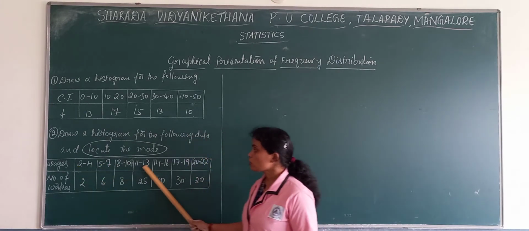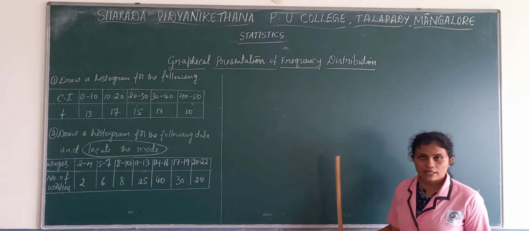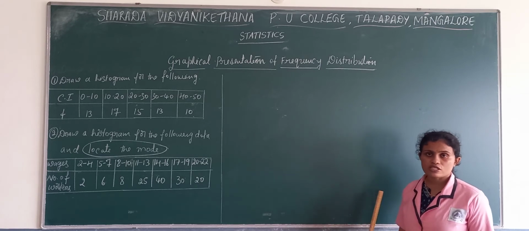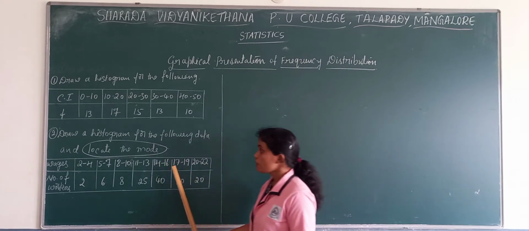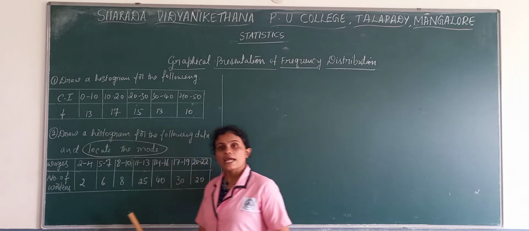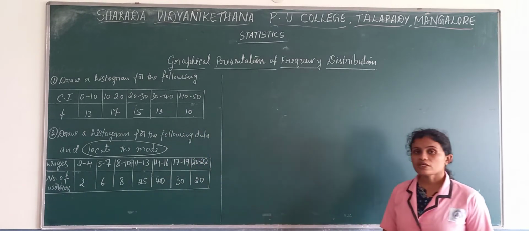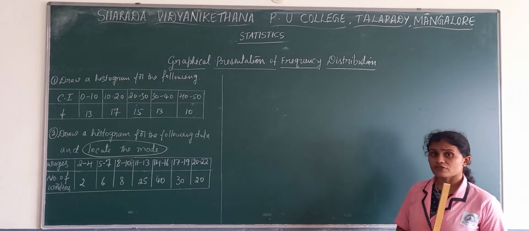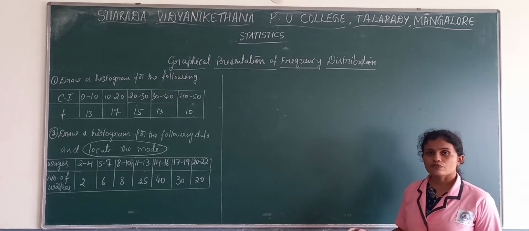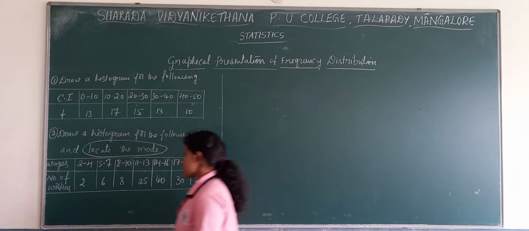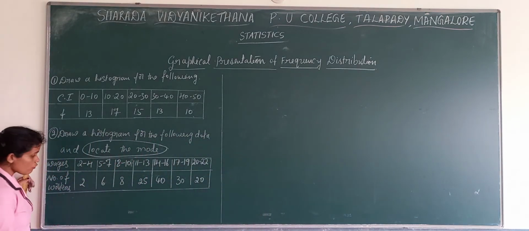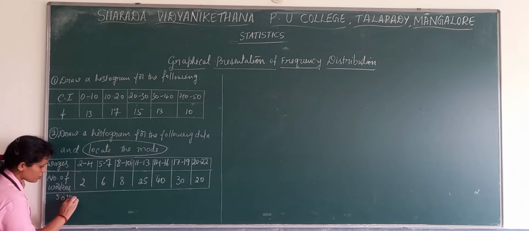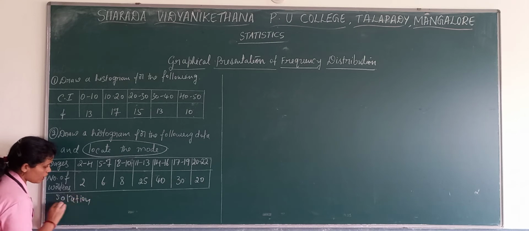It's in inclusive form, so we cannot draw a histogram when the frequency distribution is in inclusive form. We have to convert it into exclusive form. How do we convert a frequency distribution from inclusive into exclusive? As I said, we use the correction factor. What is the formula?